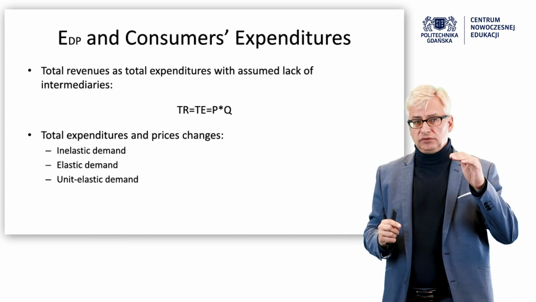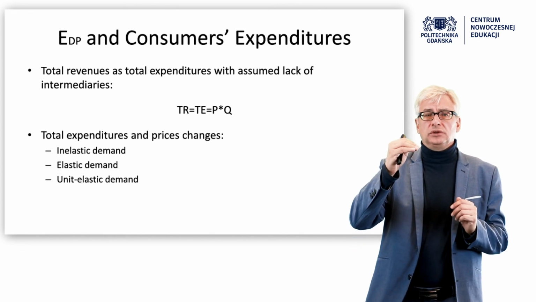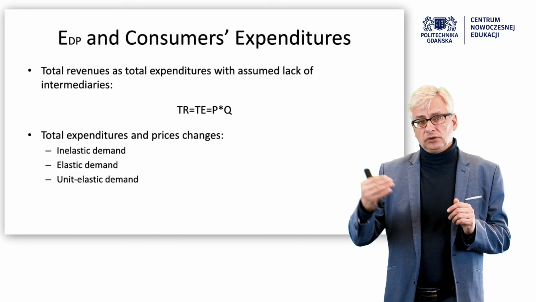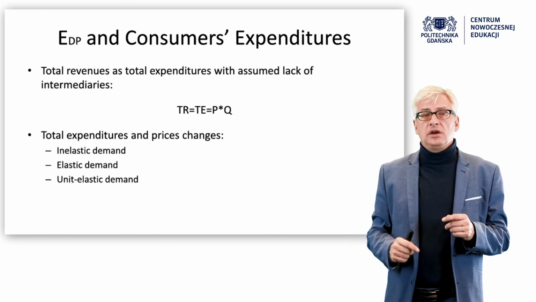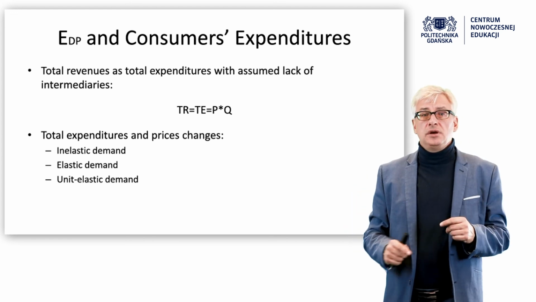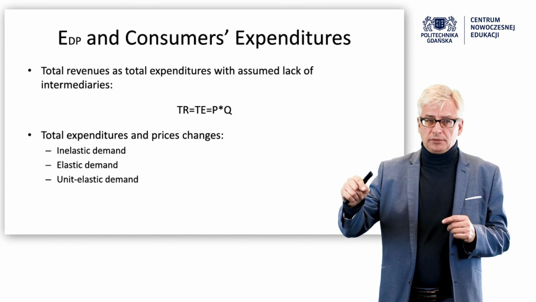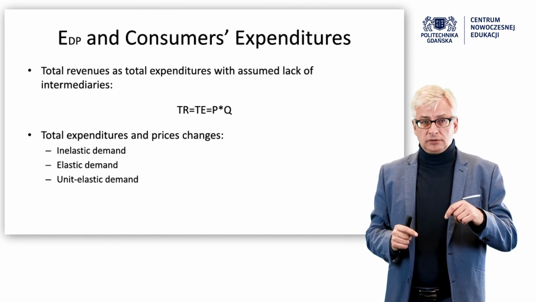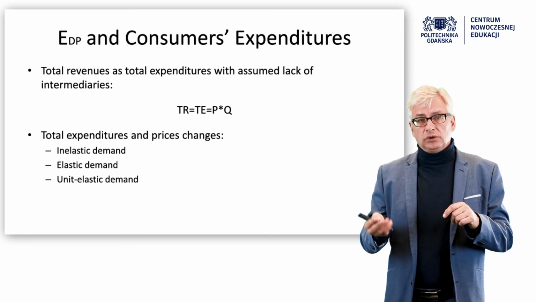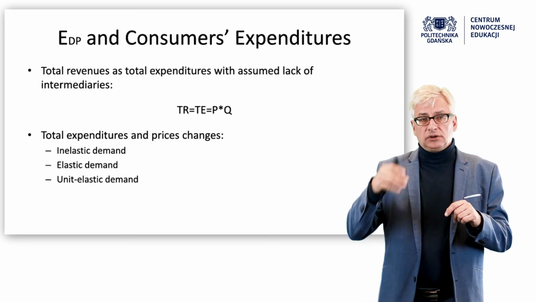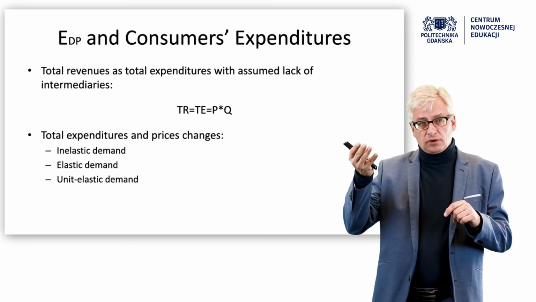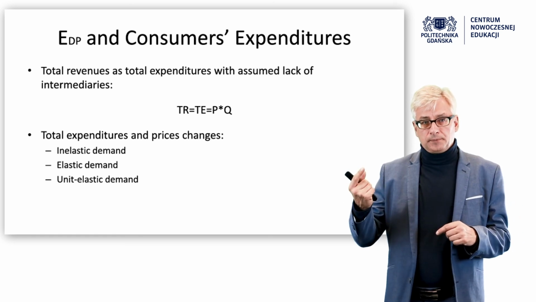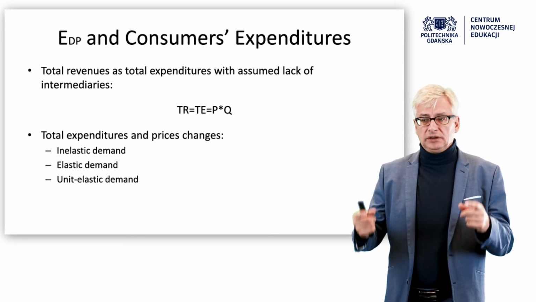So the quantity demanded will go sharply down, which means that your total revenue will also decrease. So if the price goes up, your total revenues would go down. If you decrease the prices, then quantity demanded will grow radically, therefore total revenues would also grow. If you decrease the price, total revenues would go up. This is the case of elastic demand.